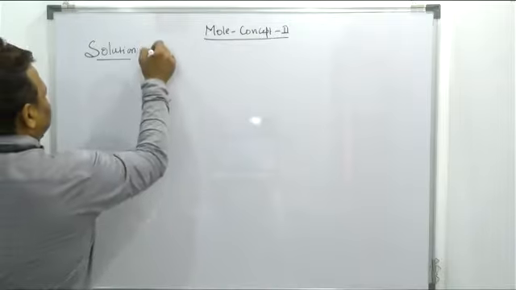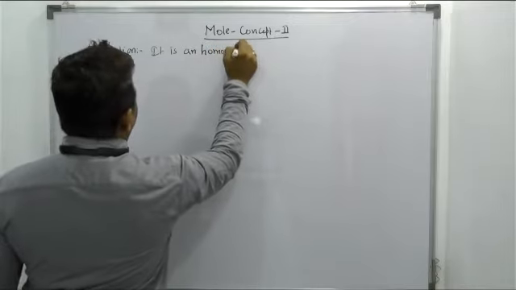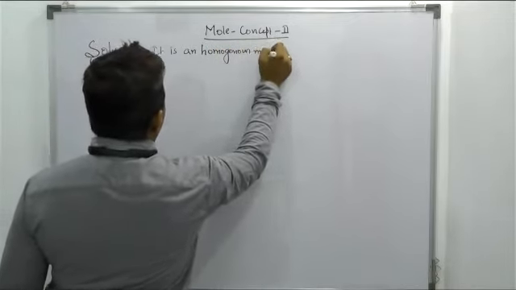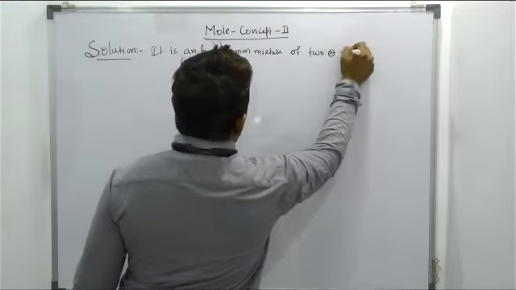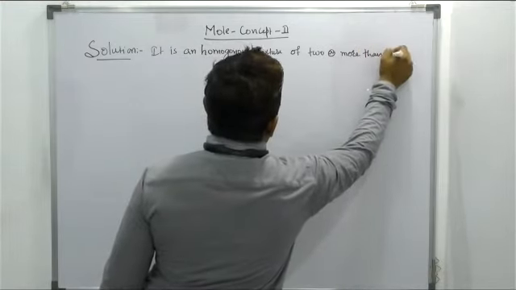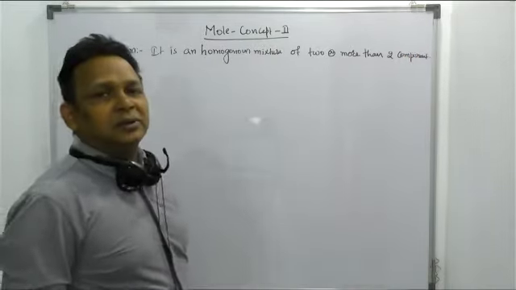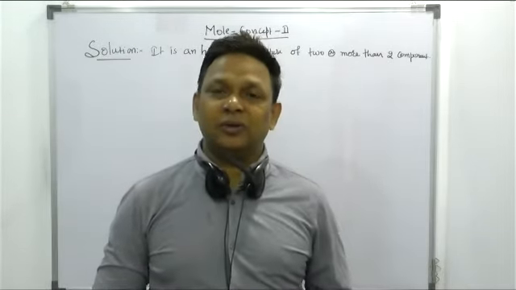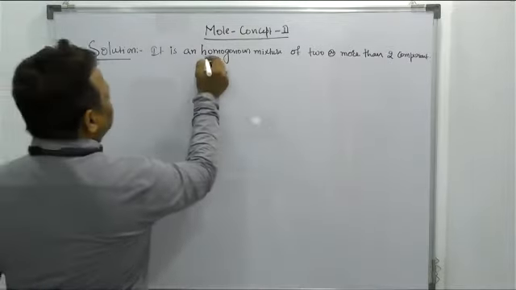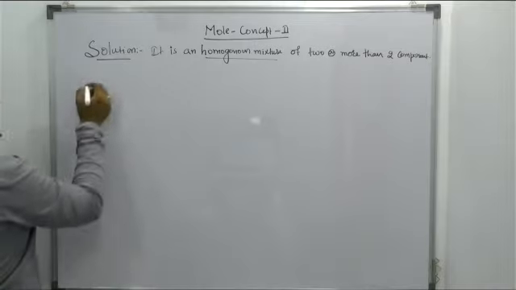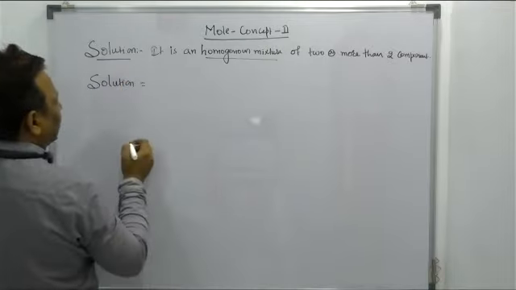So solution means it is a homogeneous mixture of two or more than two components. Now, we can write it this way: this is a solution, and at least we'll talk about the binary solution.